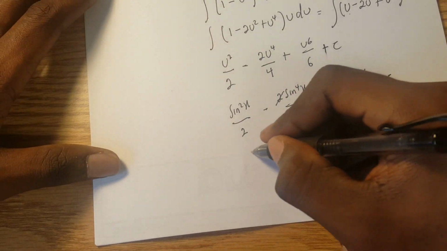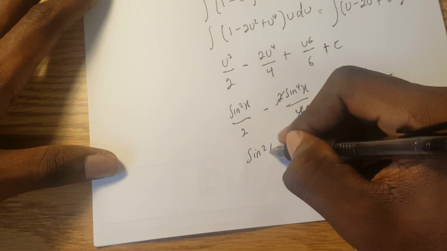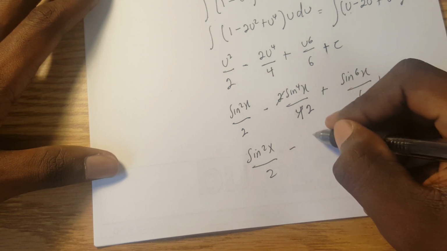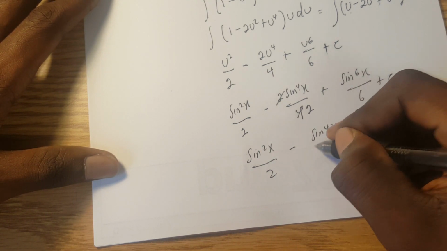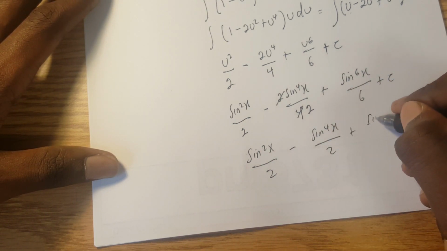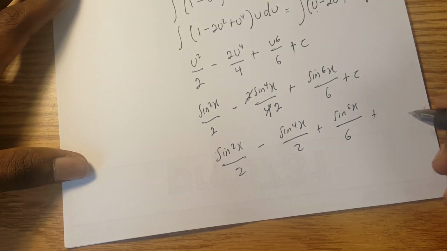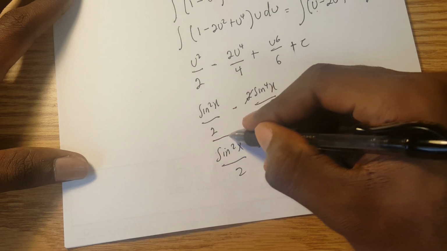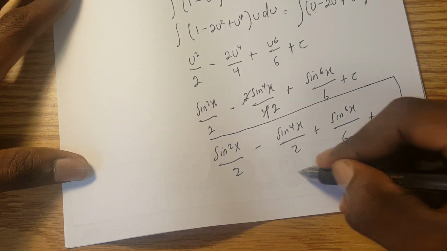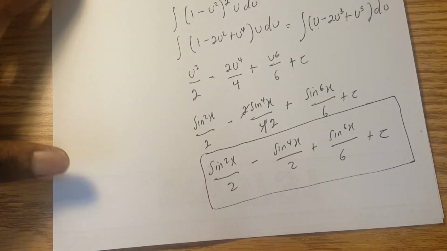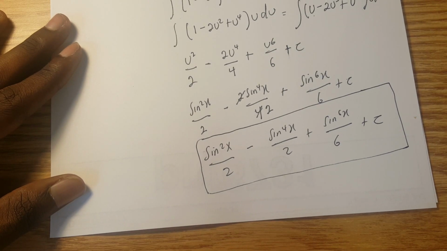So your final step, just writing it up: sine squared x over 2 minus sine to the 4th x over 2 plus sine to the 6th x over 6 plus c. So this is our final answer.